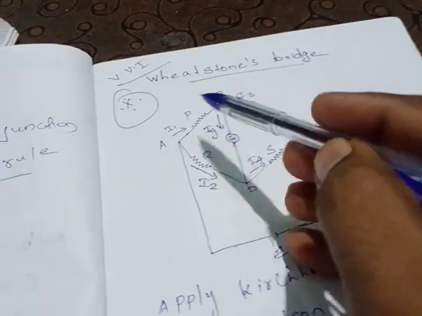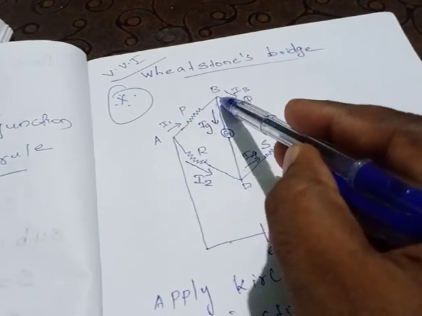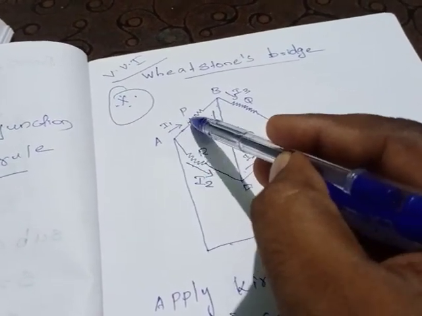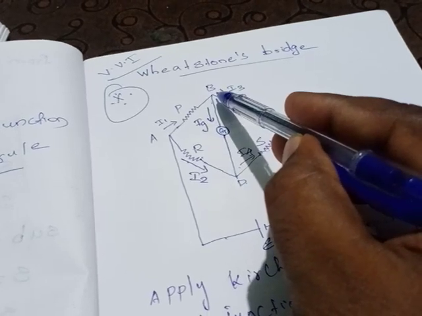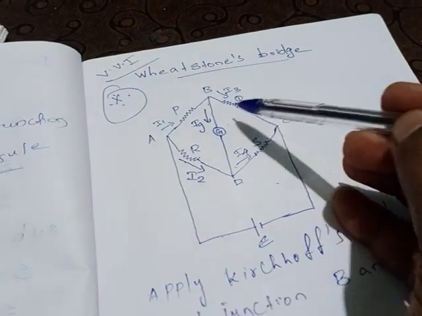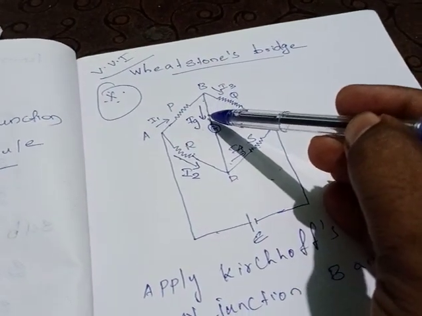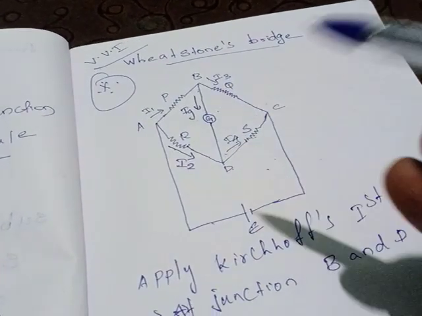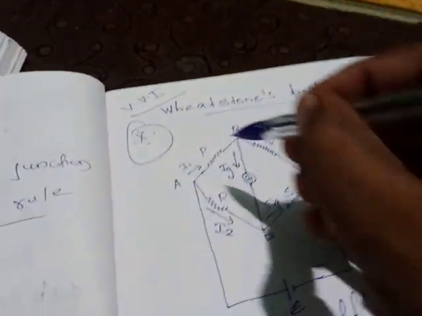So let us see the currents at this B junction. I1 is moving towards B. I3 is moving away from B. Ig is moving away from B through the galvanometer, whose resistance is capital G.